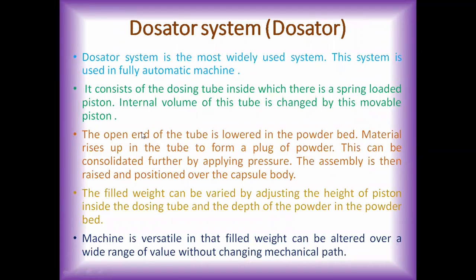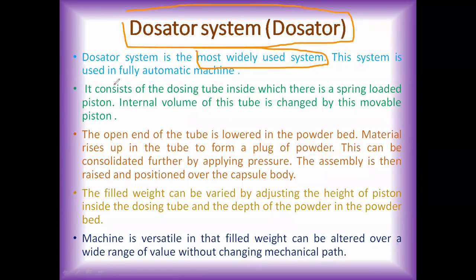Now let's talk about the first one, that is the dosator system, which is used for preparation of plug of powder. Now this dosator system or dosators is the most widely used system nowadays, and it is used in machines as fully automated machines are available for this category.